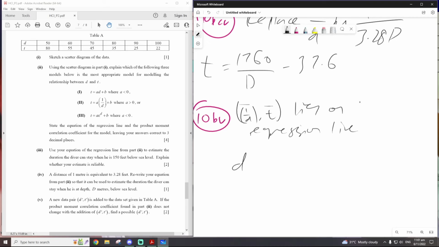So you can of course find 1 over d bar using your GC. You get 0.0140939153. So therefore d bar, oh, this is 1 over d bar.